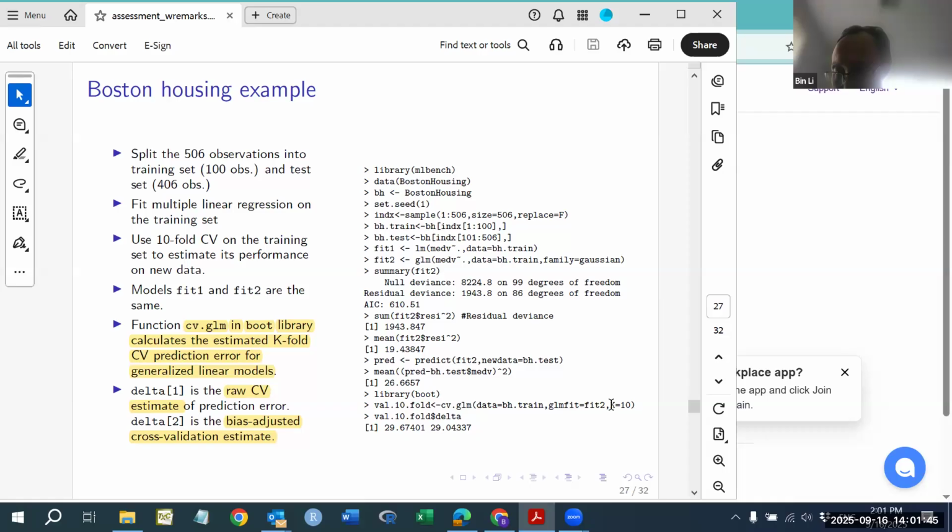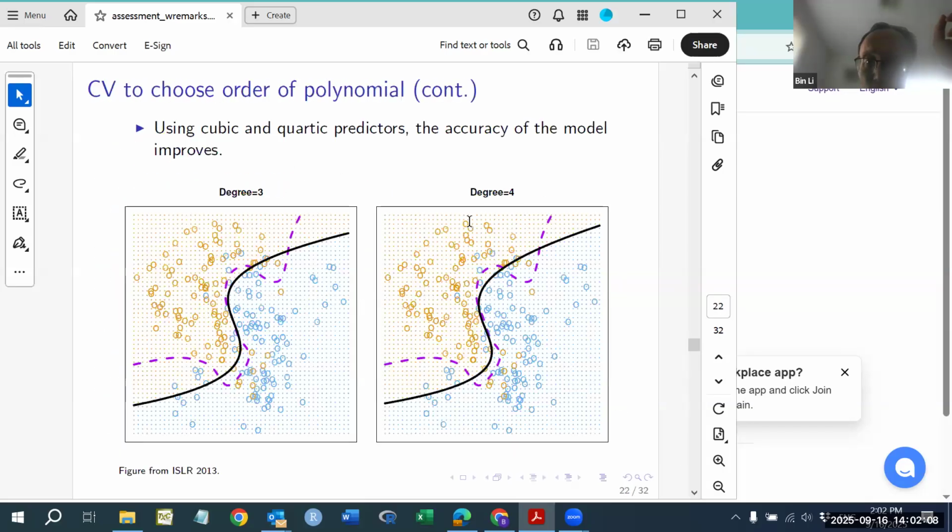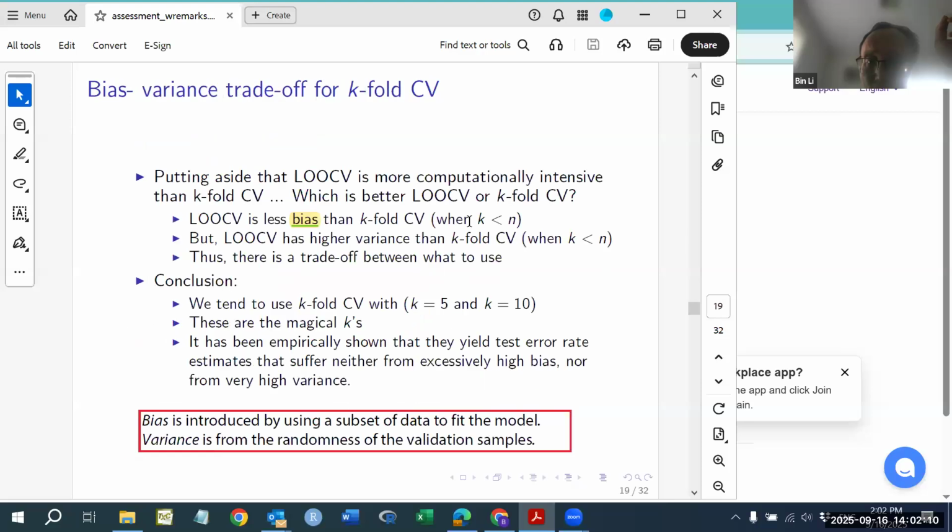That means this is tenfold cross-validation, and it gives two numbers. The first number is the tenfold cross-validation error without any adjustment. That's just the raw cross-validation estimate. However, remember I said that the k-fold also has some bias, right?